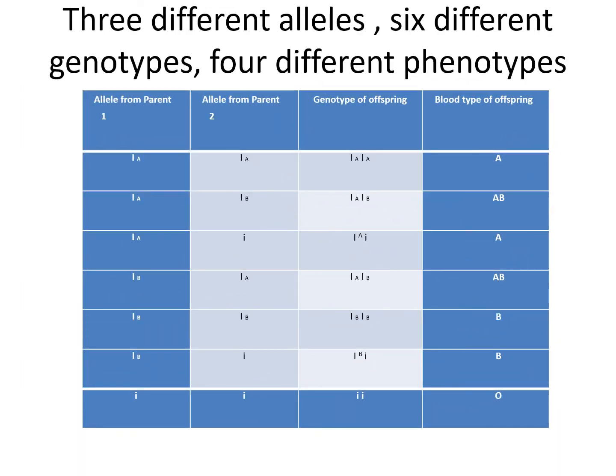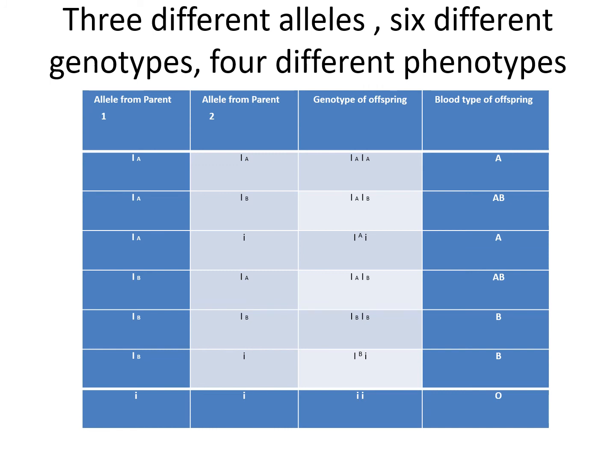It is given in your textbook also. Here you can see three different alleles. What are the three different alleles for the blood group? IA, IB and small i. Then six different genotypes and four different phenotypes. If IA and i is there, we can say A blood group.